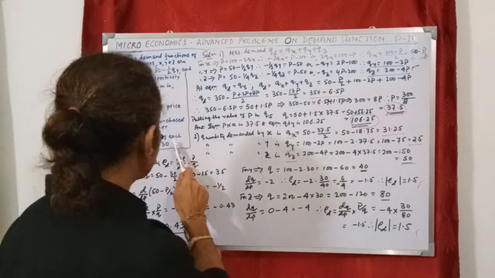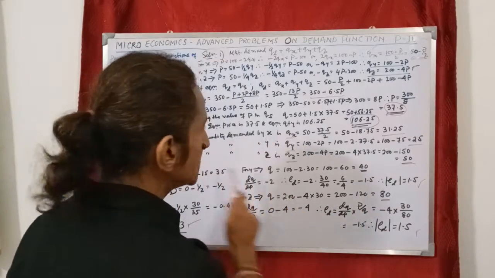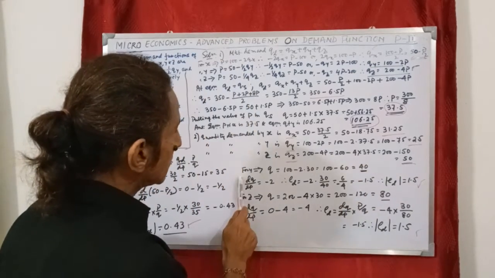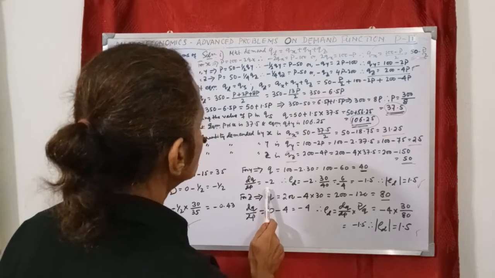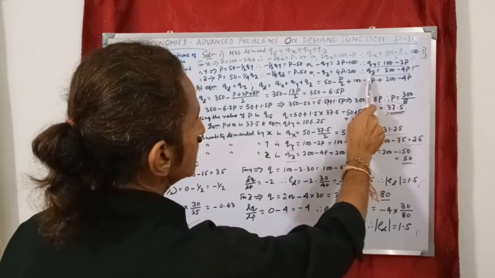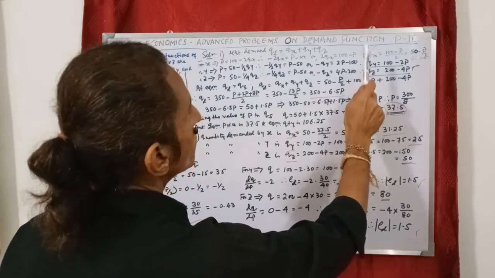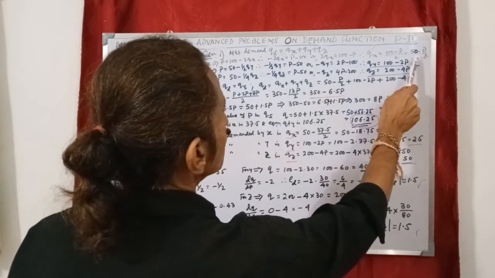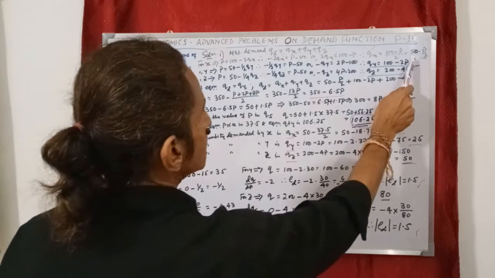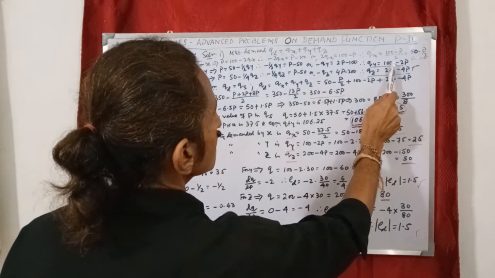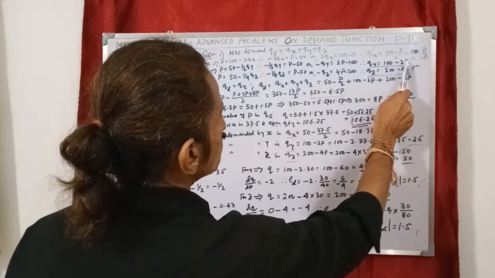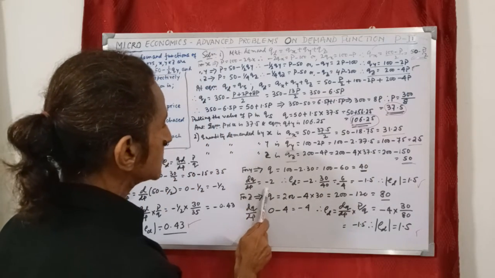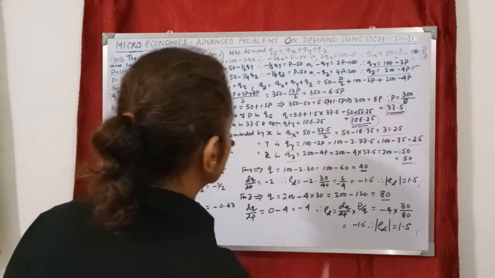So at price 30, the individual Y is purchasing 40 and dQ/dP is equal to minus 2, because if we differentiate Q with respect to P in the demand function of Y, we get minus 2 because 100 becomes 0 and minus 2P becomes minus 2. So dQ/dP is minus 2 for individual Y.